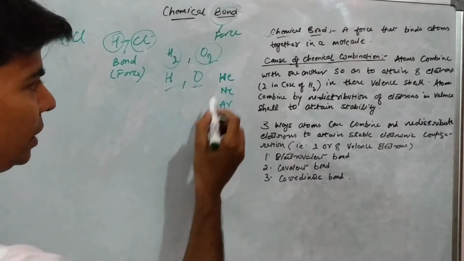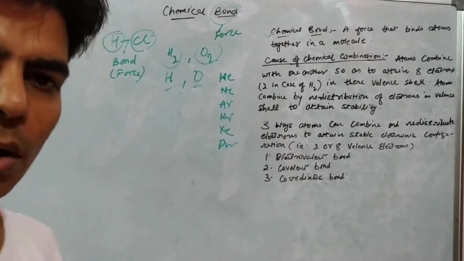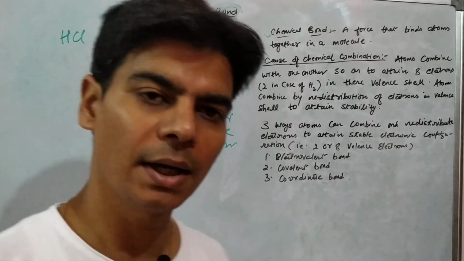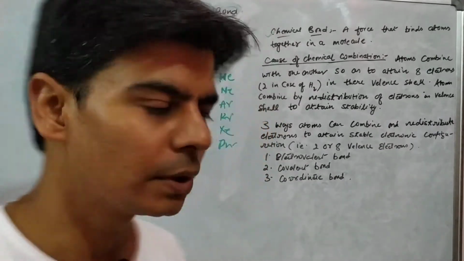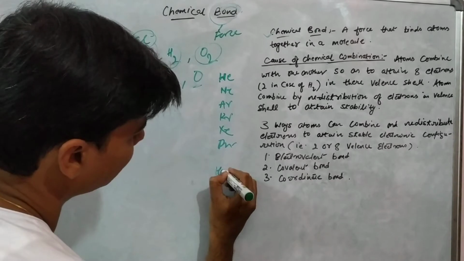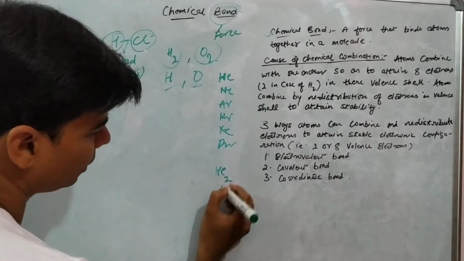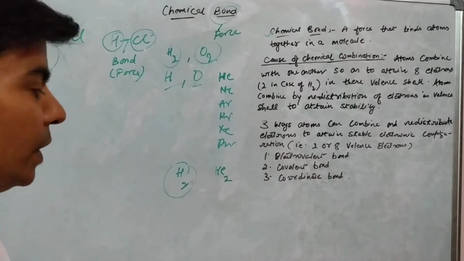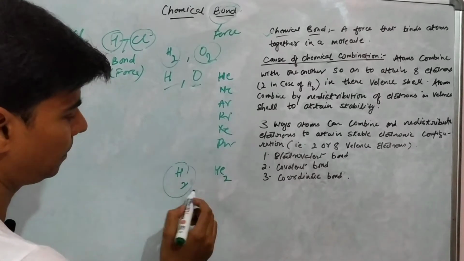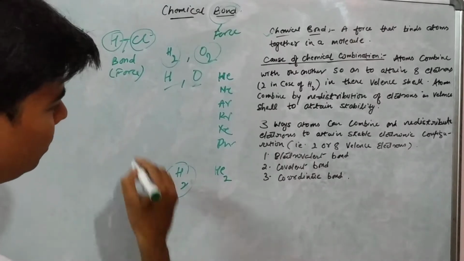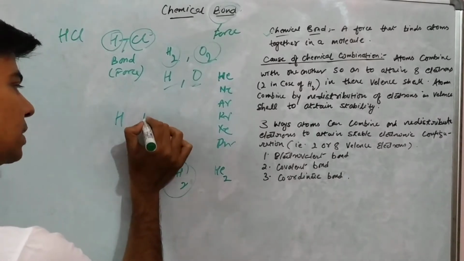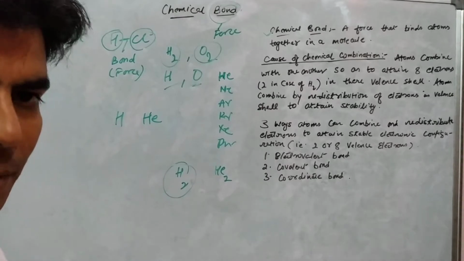Normally we write the formula of helium as He and neon as Ne. We never write helium as He2, like we write hydrogen as H2. So what is the reason that hydrogen cannot exist as H but helium can exist as He?